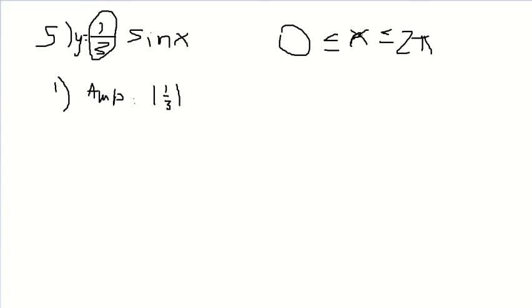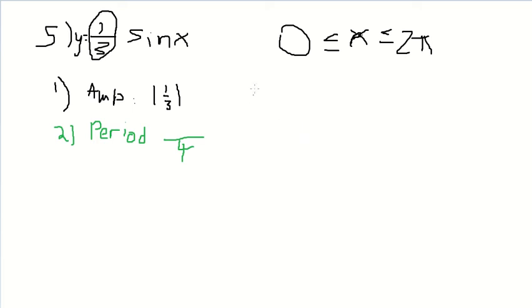All right, number 2, we're going to find the period. The period is normally the length of x over 4.